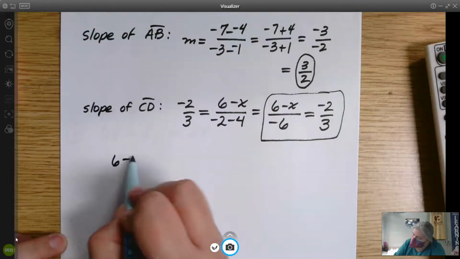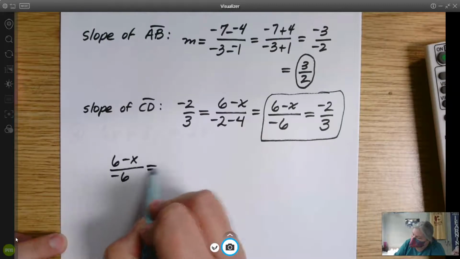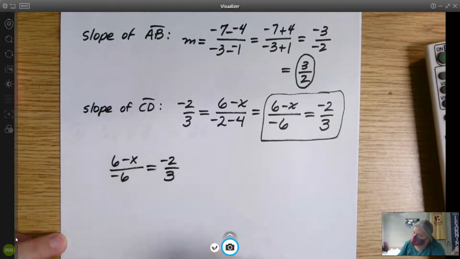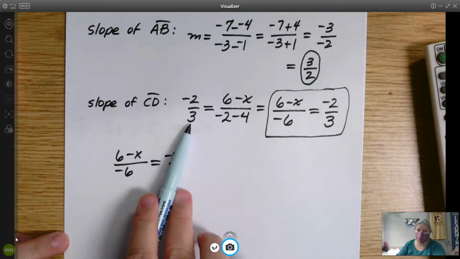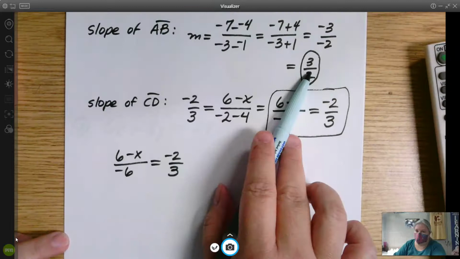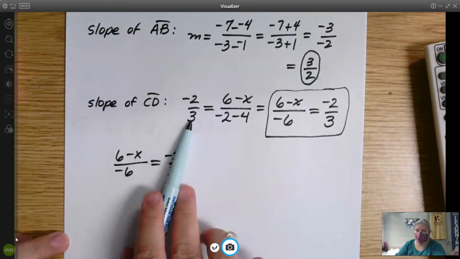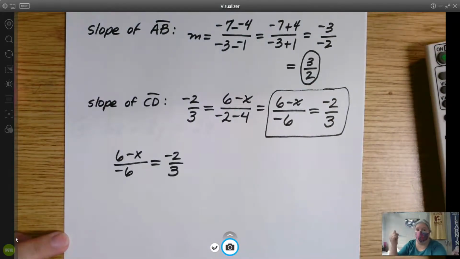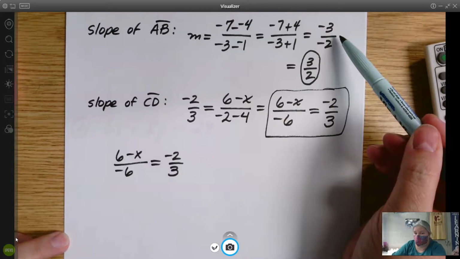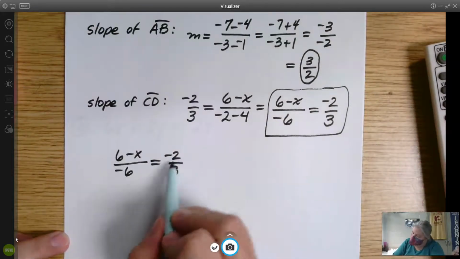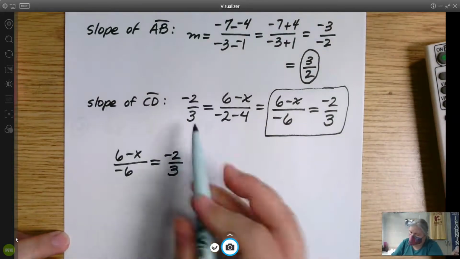So let's come down here and do that. Notice it really doesn't matter where you put the negative for the -1 slope. This one has a positive slope, remember, so this one had to be negative. You could put it on top or on the bottom. Don't put it in both places because, just like we saw up here, a negative divided by a negative is actually a positive. So I put it on the top.